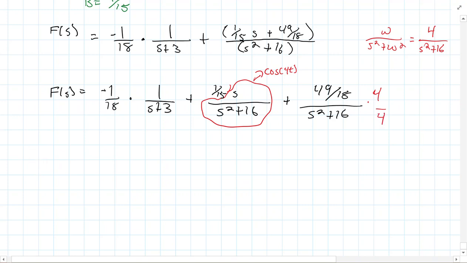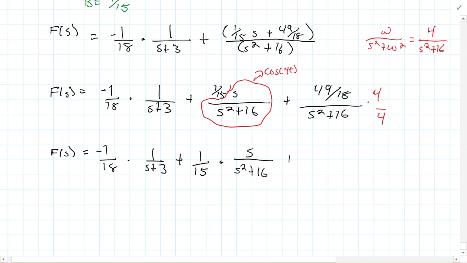And so what I'd end up having, let's rewrite this line down here, is F of s equal to negative 1 over 18 times 1 over s plus 3, plus 1 over 15 times s over s squared plus 16.